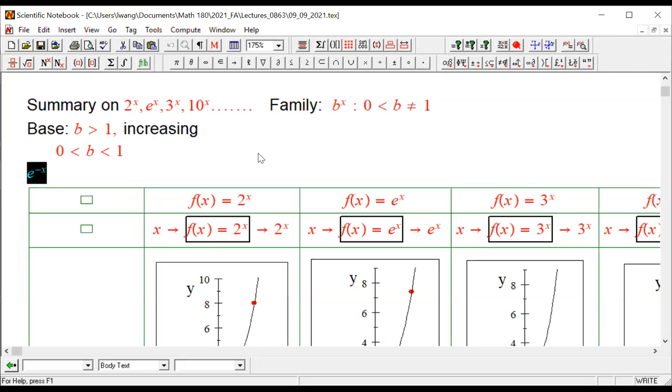So we see it's increasing for all of these functions because the bases are larger than 1. What if the base is between 0 and 1? This is a function you're going to see in your calculus class as well. Let's roll up our sleeves and do it now. Are you ready?